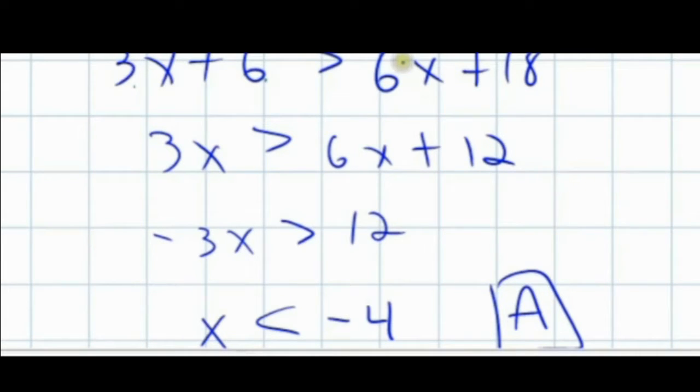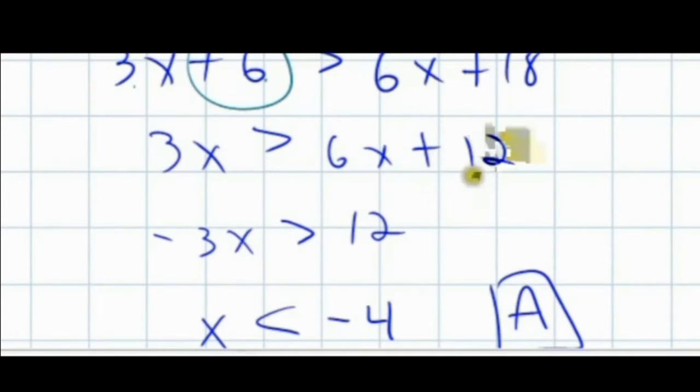So now I'm going to get x on one side. So what I did was I took this and I subtracted it from both sides. So it's gone here because 6 minus 6 is 0, and over here 18 minus 6 is 12.